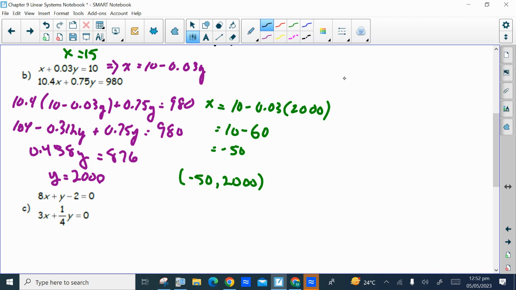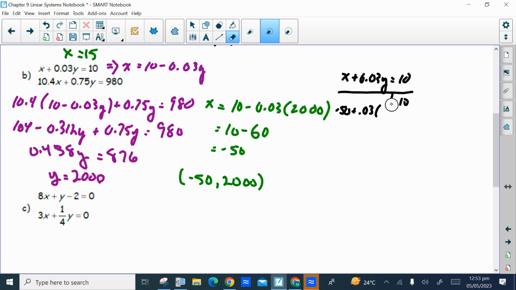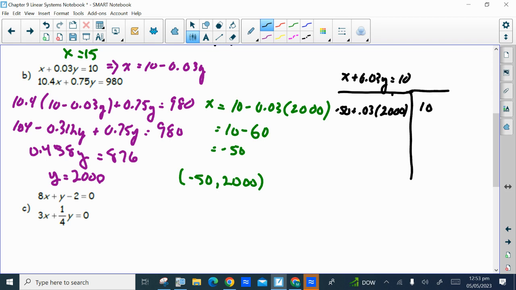And if we're going to check that answer, we start with the original equations. So x, which is negative 50, plus 0.03 times y, which we found to be 2,000, has to equal the right side, which is 10.